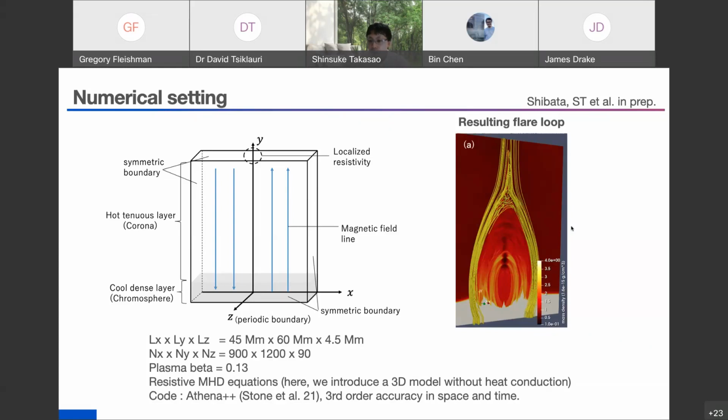And about the third point, about the anomalous resistivity, I'm aware that our reconnection model is very simplified, but we put the localized resistivity to produce a simple reconnection jet.